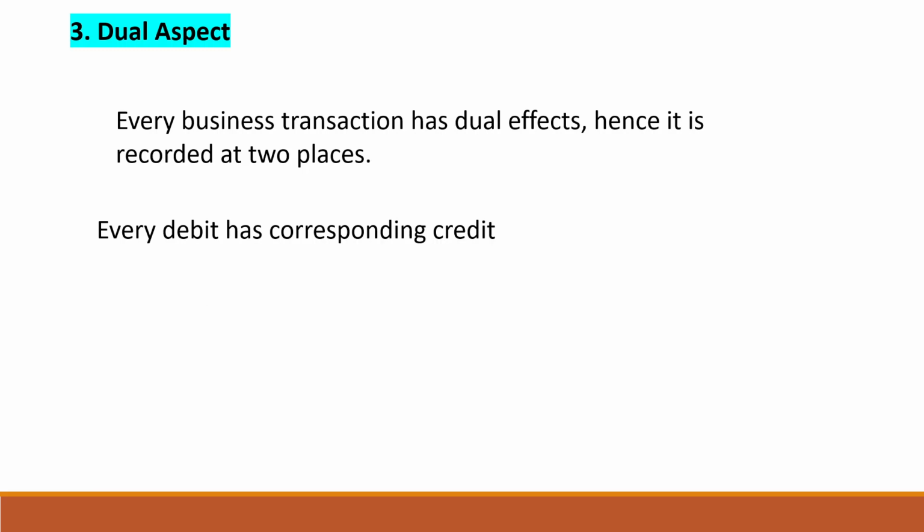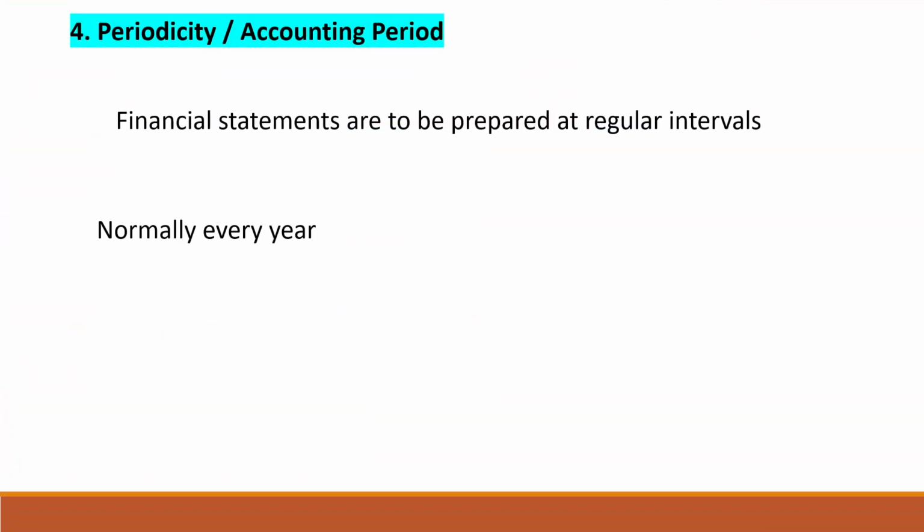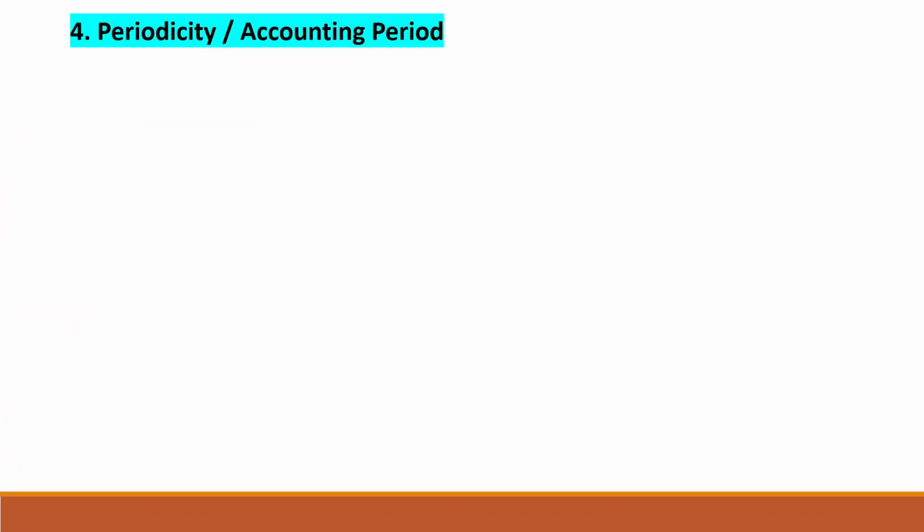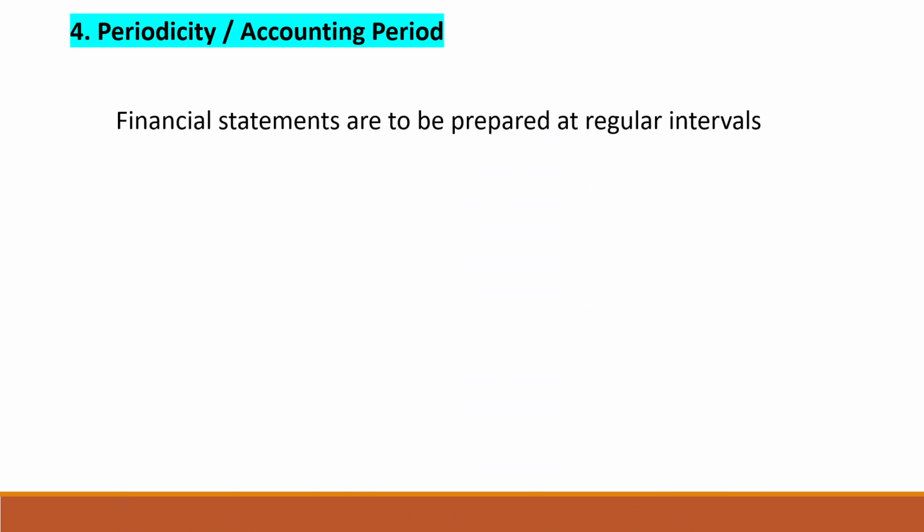Now let us move on to the next accounting concept, that is the periodicity concept or accounting period concept. As per this accounting concept, financial statements are to be prepared at regular intervals. Okay, so this concept or principle requires that financial statements should be prepared at a regular interval and normally for every year.